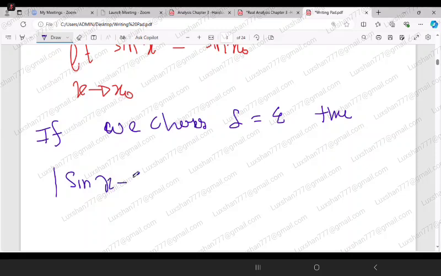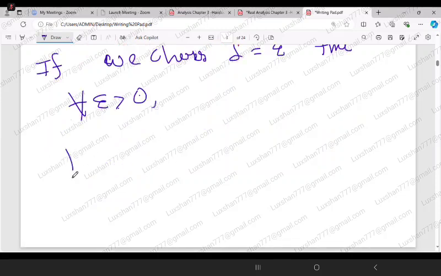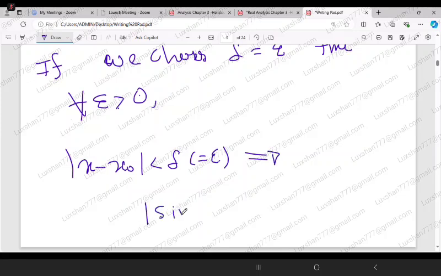Sorry. If we choose delta equal epsilon, then we can say that for all epsilon greater than 0, mod of x minus x naught less than delta, which is equal to epsilon, will imply mod of sin x minus sin x naught is less than epsilon.